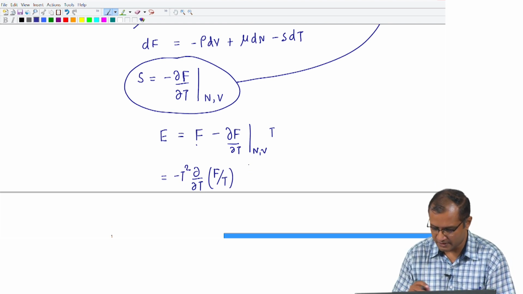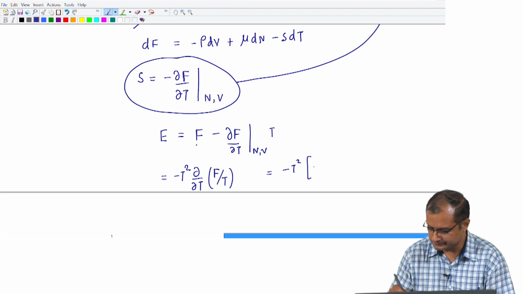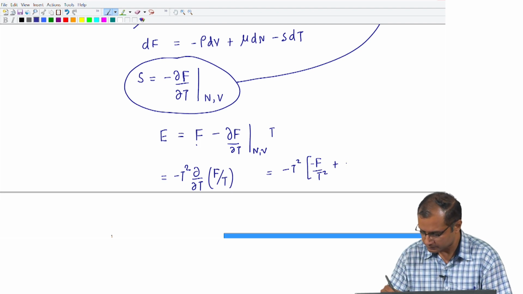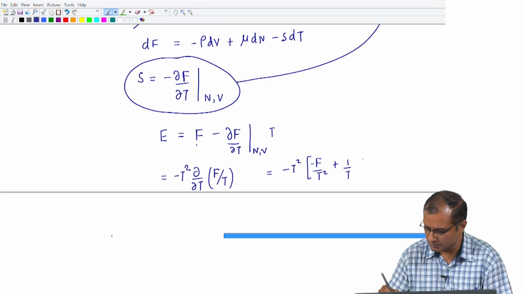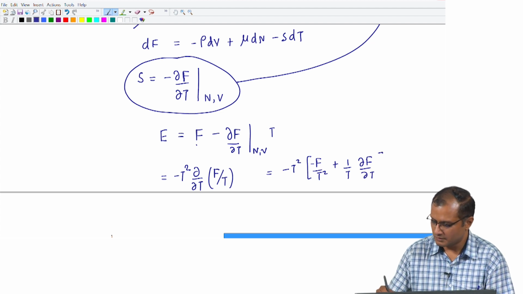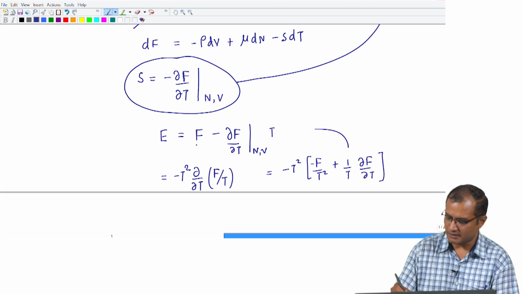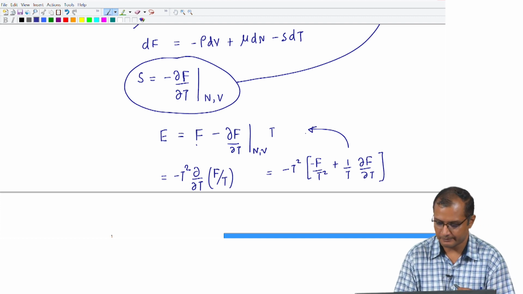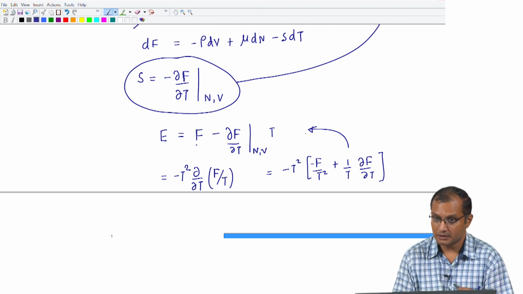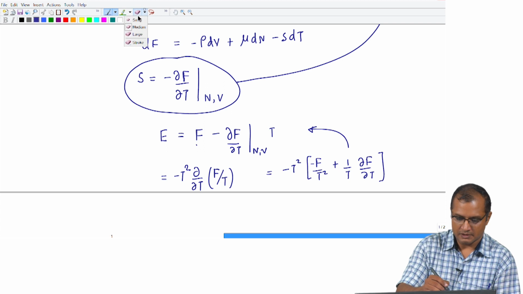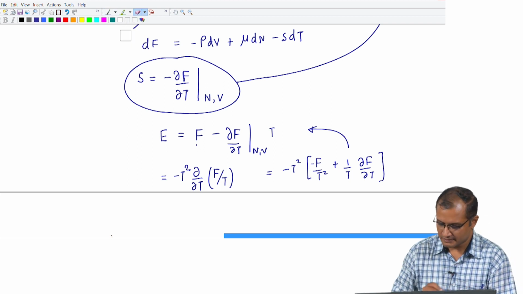So, you can see the first term would be minus T square into minus F by T square plus 1 by T into dF by dT. Okay. So, this will give me your right hand side. Okay. So, that is why I have written it like this.